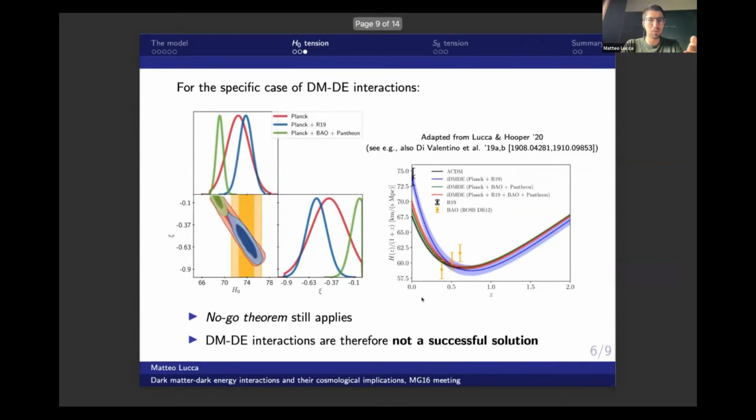And coming now to the model itself, what we tried to look at in our paper was whether this no-go theorem really applied to this setup as well. And as it turns out, although it's always kind of arbitrary to define when two datasets are incompatible or not, here you can clearly see that the Planck constraints in red really are an explosion of the error bars, to the extent that if you only add Riess et al., you could solve the Hubble tension, but as soon as you assume BAO and Pantheon+, you see that there is almost no overlap.